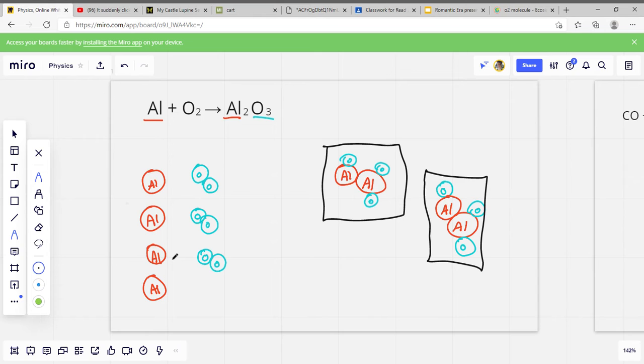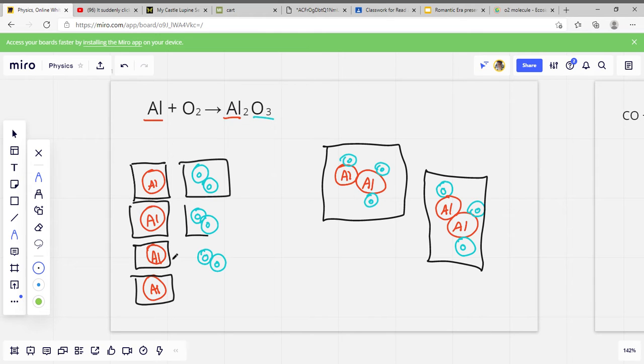Okay, so each one of these is separate. We had four separate aluminums. And then we have three of these O2 molecules.